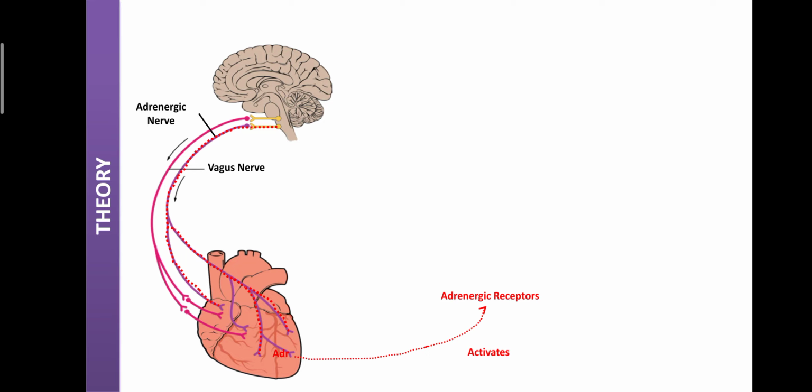As the cyclic AMP concentration increases, it is responsible for accumulation of calcium. As calcium accumulates, it enhances the conduction of impulses and the firing capacity of the neuron. Due to that, the heart rate increases, and calcium is also required for the contraction of the cardiac muscle.